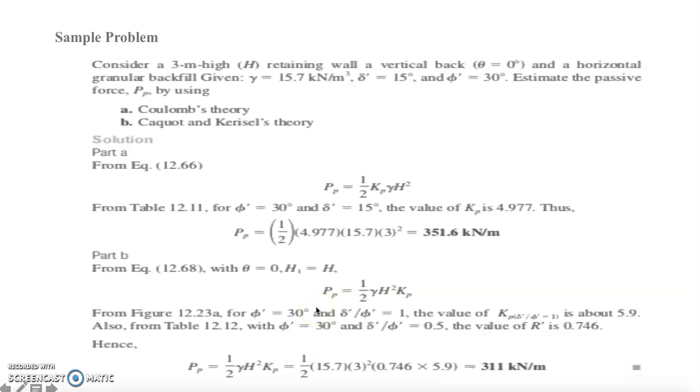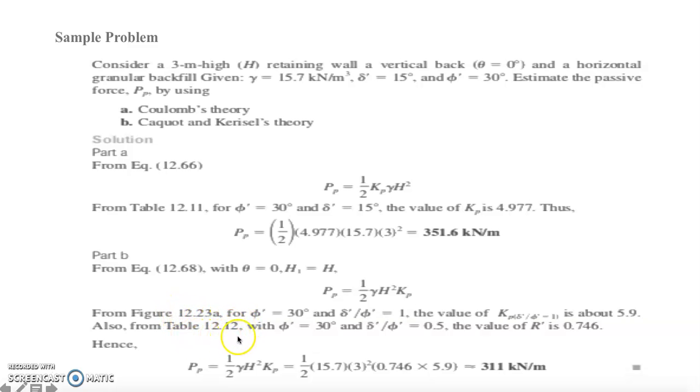So we're going to have our passive force P sub P, which is 1/2 gamma times h squared K sub P, and we have to identify our K sub P, which is 5.9 using figure 12.83a.